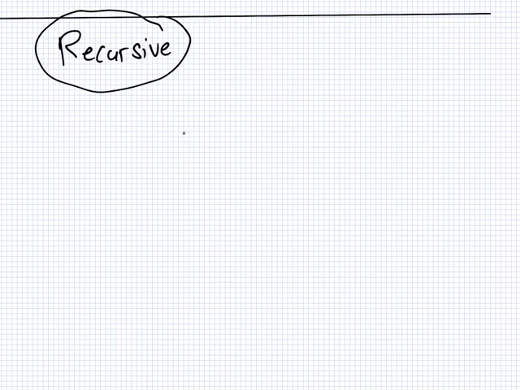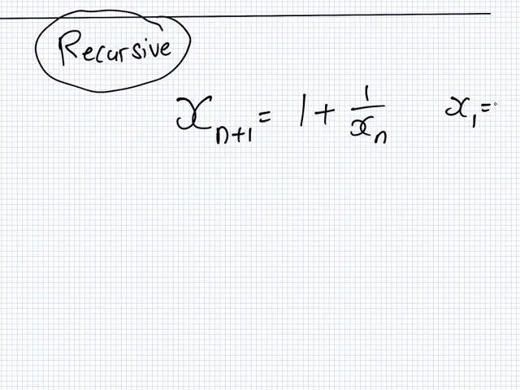That's when you give the formula like this. Let's use x instead of u this time. x n plus 1 equals 1 plus 1 over xn. And I tell you x1 is 1. So this is called a recursive method. It doesn't give you the formula directly. It only tells you what the next term is.